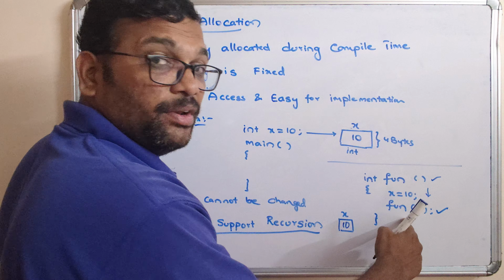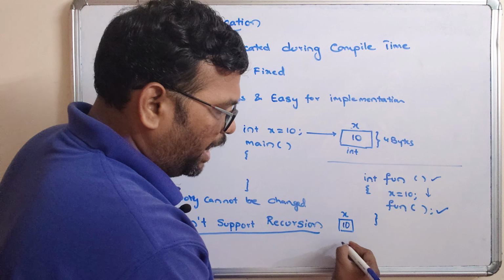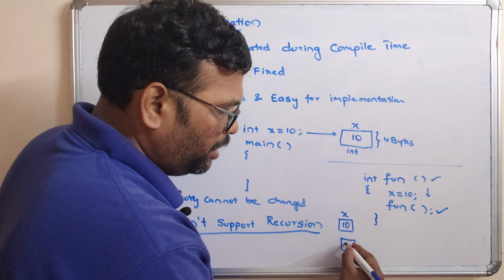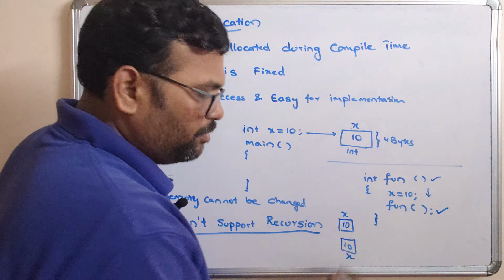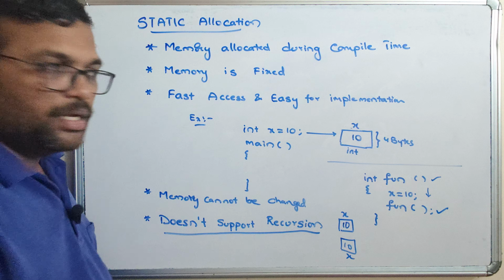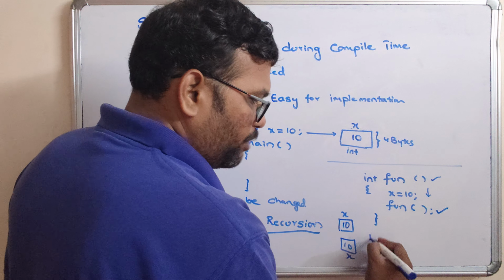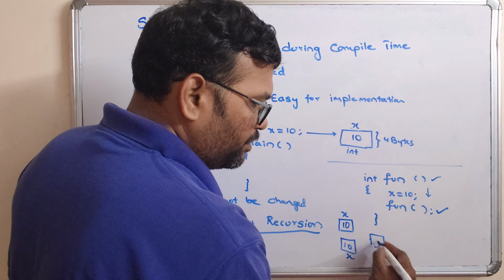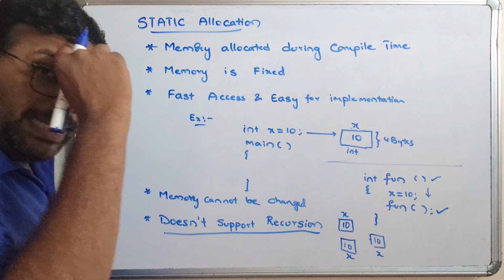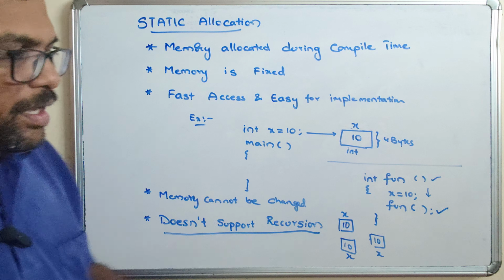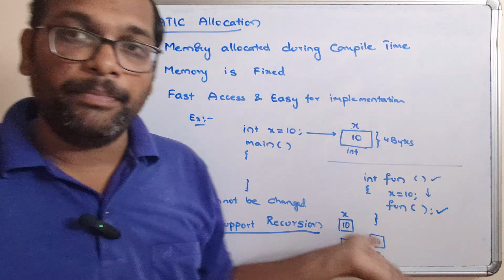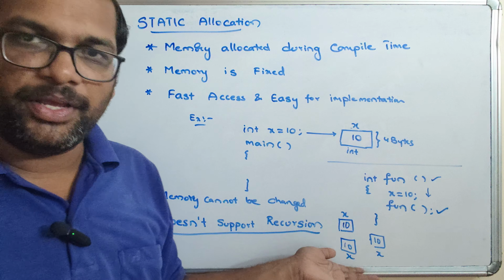Again the same function will be executed, so again one more memory will be created with the name x. One more memory will be created with a value of x. That means multiple blocks of memory will be created.